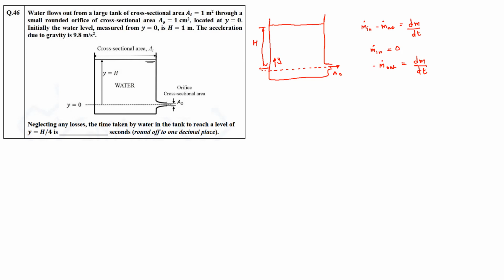Now the mass going out, we have seen this. Since this is the same fluid, this mass can also be changed to flow rate, but let's keep it at mass for now.